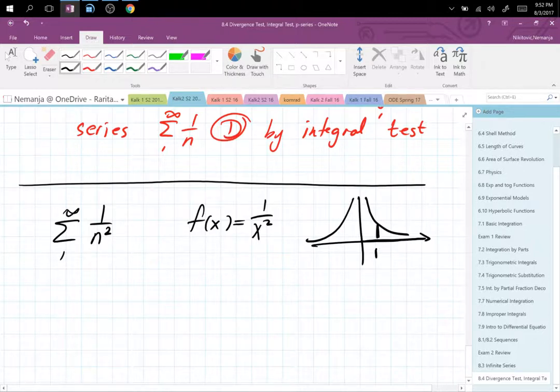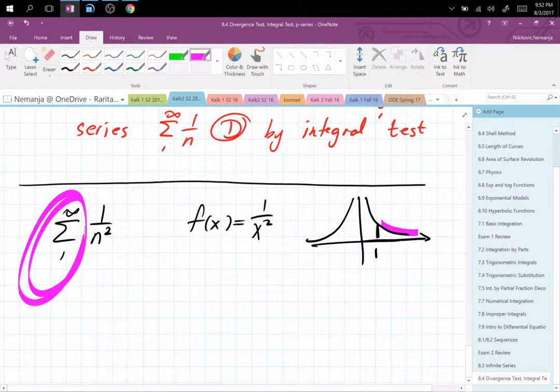So if you look at this part of the graph over here, which is the part you're interested in, from 1 to infinity, why 1 to infinity? Limits on the sum are 1 to infinity. So the domain is 1 to infinity.